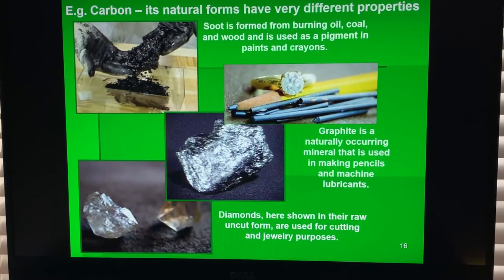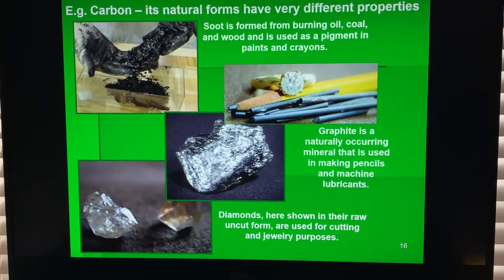Pretty cool. Graphite is those 2 middle pictures there, that shiny one and the pencils. Lead, but it's not lead. Pencils don't have lead in them. They haven't had lead in them for a very long time, hundreds of years actually, because lead is toxic. So they use graphite.